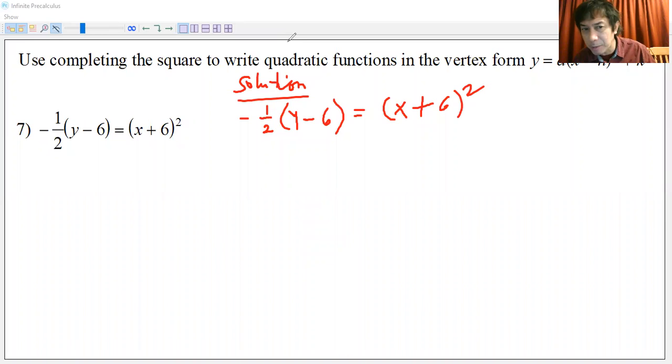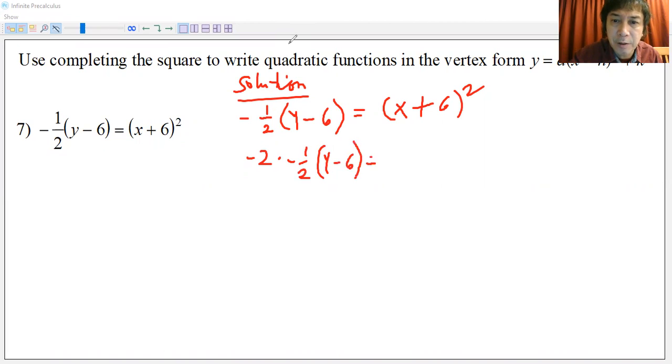First is to multiply both sides of the equation by a negative 2. So we multiply negative 2 times the negative 1/2 times y minus 6. We're done multiplying the left side by a negative 2.